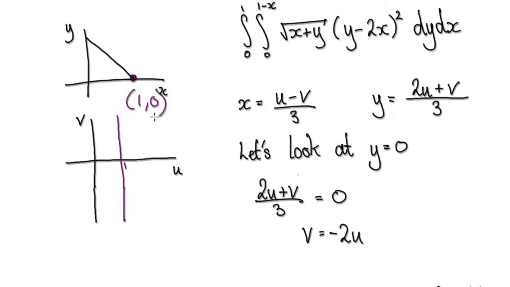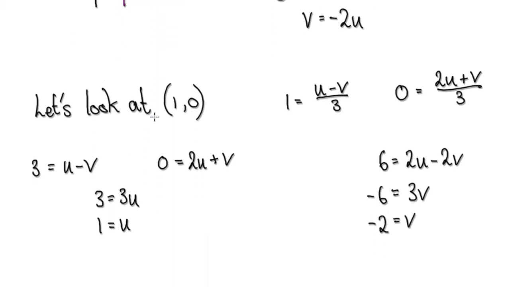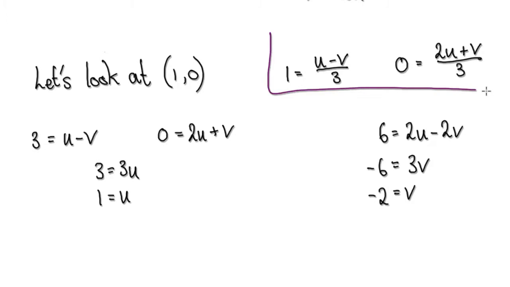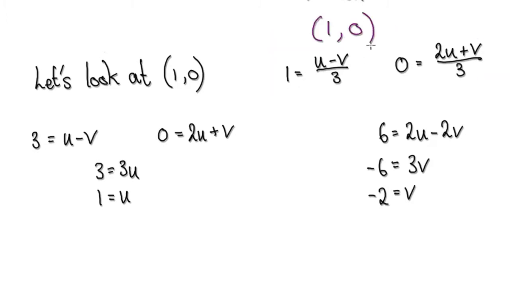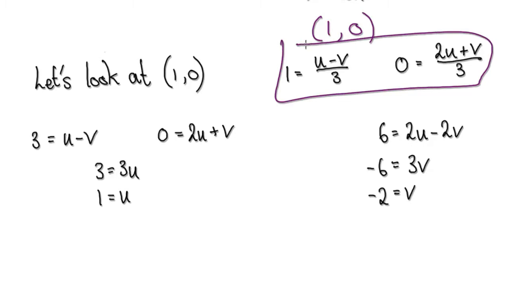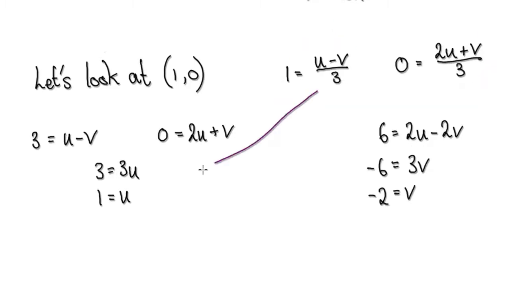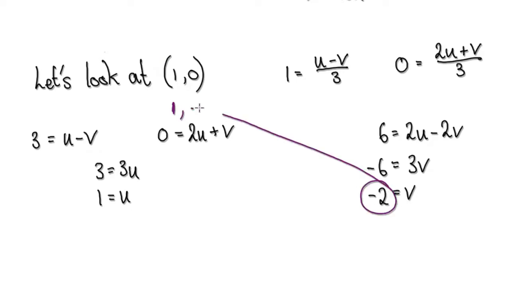So that would take us to here. Hang on. That would then take us to here. So this is our point, 1, 0. That would then take us to here. Rearrange this so u equals 1 and v equals negative 2. So what that means is this particular point here becomes 1, negative 2.